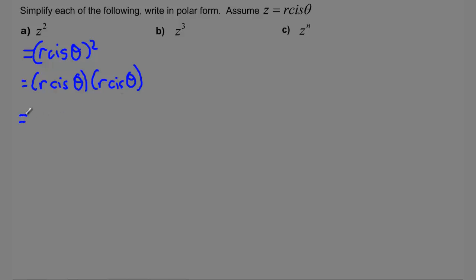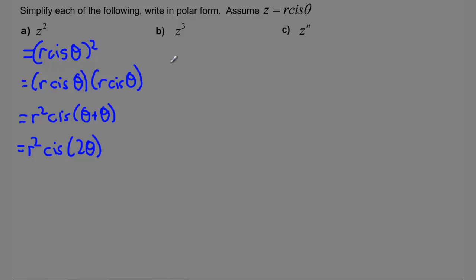Our rule from last time was if we got cis alpha times cis beta, cis of A times cis of B, we add those angles together. So we get r times r, which is r squared, and then cis of theta plus theta, or in other words, r squared cis of 2 theta. So z squared is r squared cis of 2 theta.